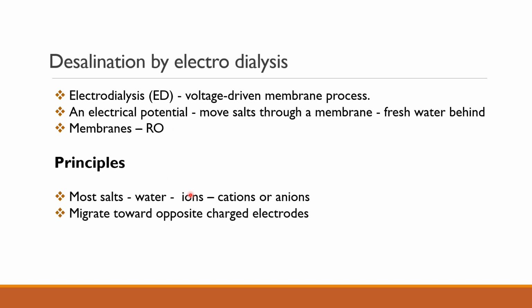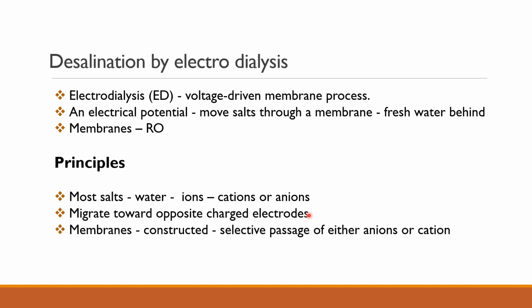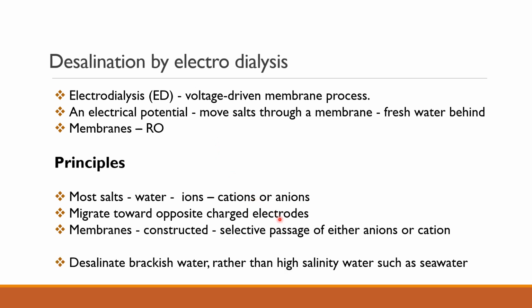So under the effect of an electric potential, the charged ions which are present in water will move towards the oppositely charged electrodes. So what is done during electrodialysis is that membranes are constructed wherein you have selective passage of either positively charged ions or negatively charged ions when the electric potential is applied.